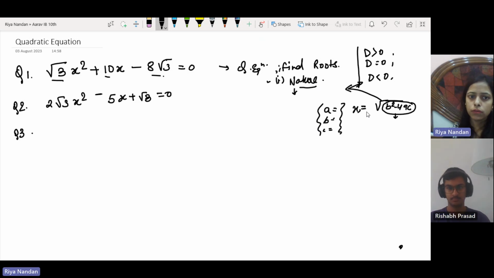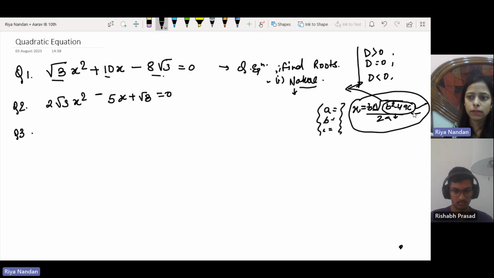And then if you want to find roots, for the next step, just add minus b plus minus root by 2a. In the first step you find this value, then get the nature of the roots, and then put it in the complete formula because this is already found out. Then just put this value and this value and calculate it.